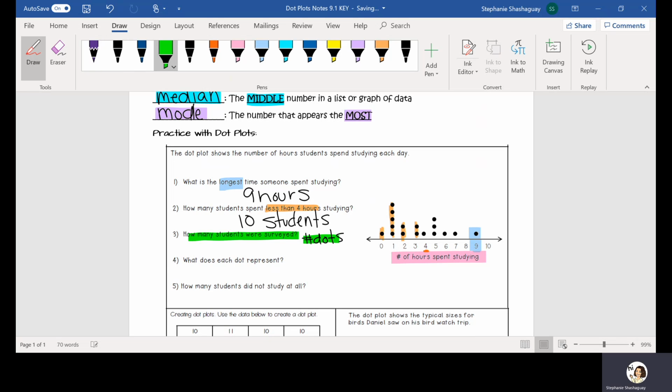If we count the number of dots, we've got 1, 2, 3, 4, 5, 6, 7, 8, 9, 10, 11, 12, 13, 14, 15, 16, and 17. So 17 students were surveyed. What does each dot represent? Well, each dot represents a student.